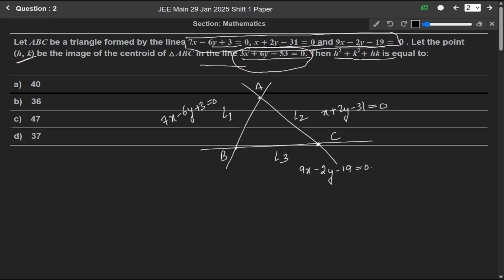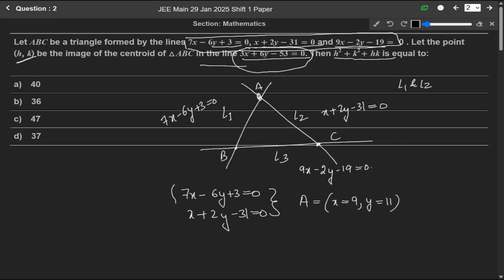So first of all, if we solve L1 and L2, that is 7x minus 6y plus 3 equals 0 and x plus 2y minus 31 equals 0, we get the point of intersection A as x equals 9 and y equals 11.